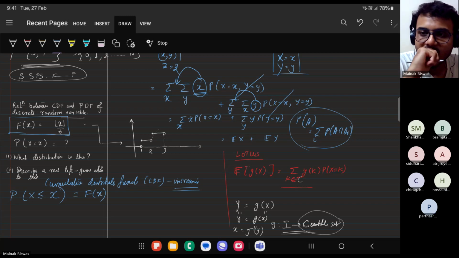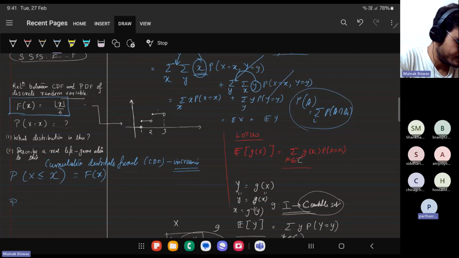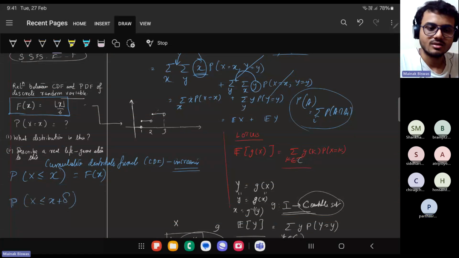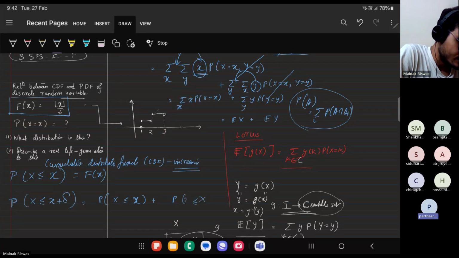Go ahead, Partho. Because the probabilities get added up one by one. If I take x less than or equal to x, and then x less than or equal to x plus delta, I can write the probability of x less than or equal to x plus the probability of x less than or equal to x plus delta, right?